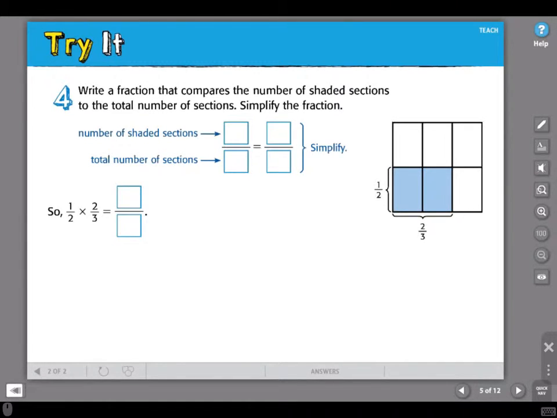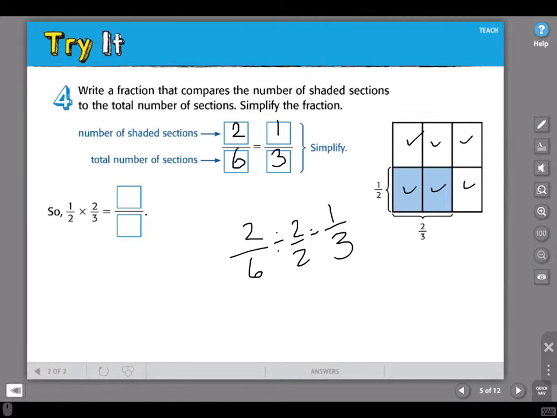How many total sections? 1, 2, 3, 4, 5, 6. That's 2/6. This can be simplified, however. 2 and 6 can both be divided by 2. And that gives me a simplified fraction of 1/3. So 1/2 times 2/3 is 1/3.